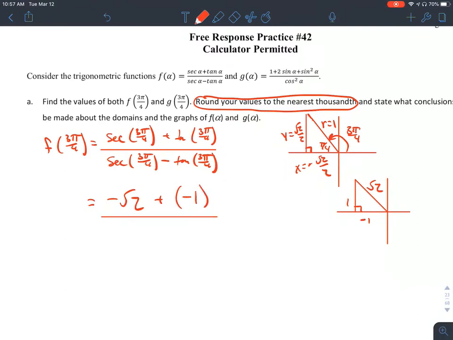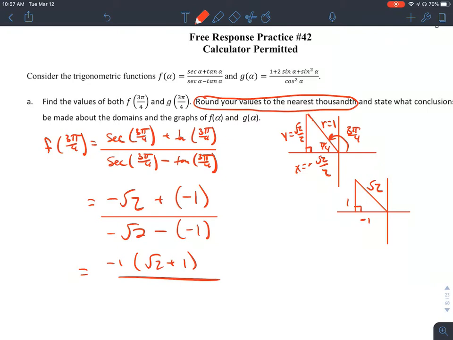Divided by, we got the same expressions, but we are just subtracting. So that's going to end up being 1 minus the square root of 2 over, I'm sorry, that's not right. If we factor negative 1 at the top, we get negative 1 times square root of 2 plus 1.